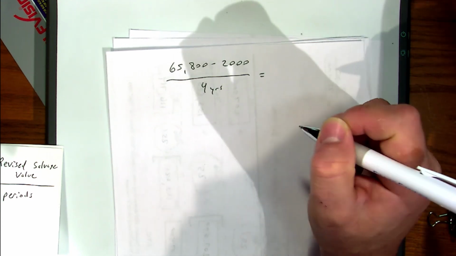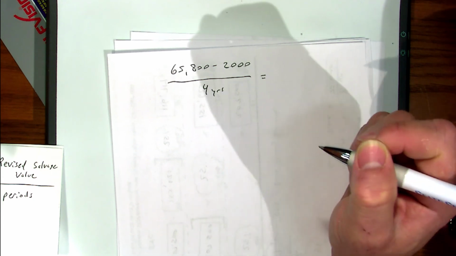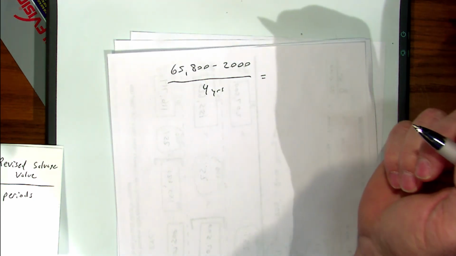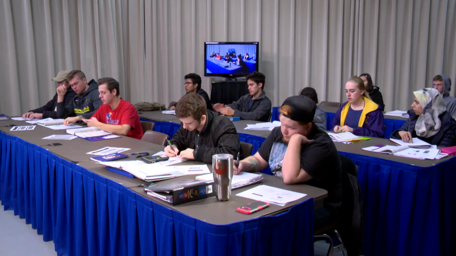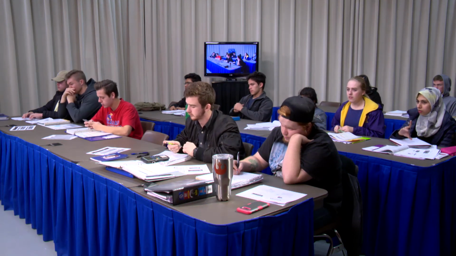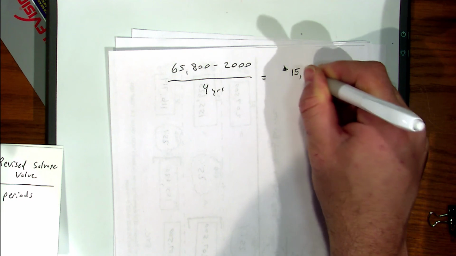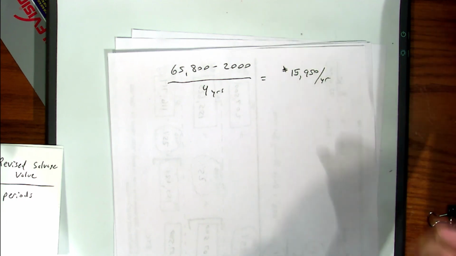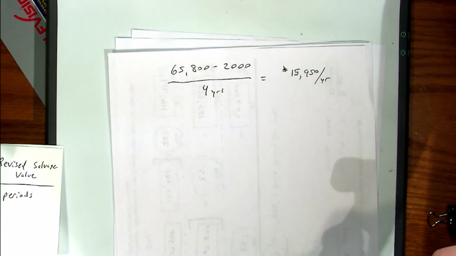So what does that equal? 15,950. Yeah, 65,800 minus 2,000 divided by 4 is 15,950 per year. Now, we're going to revise depreciation at the beginning of the second year, correct?